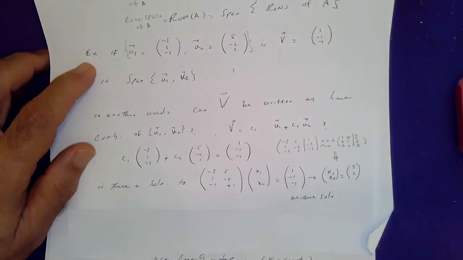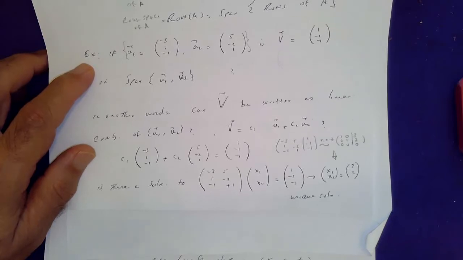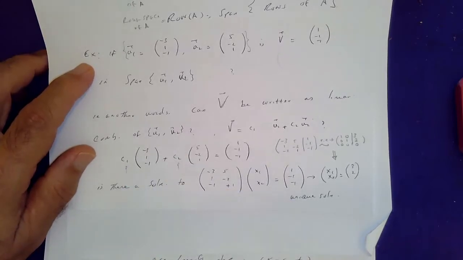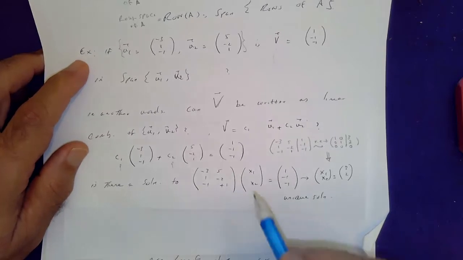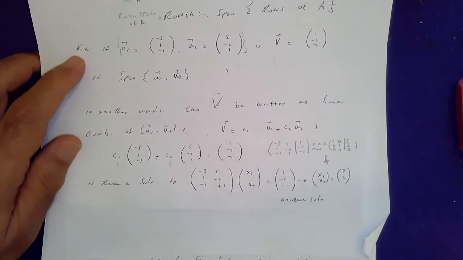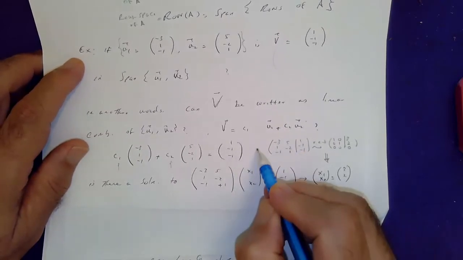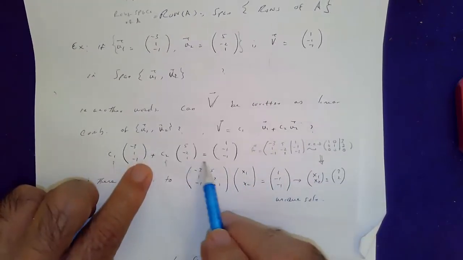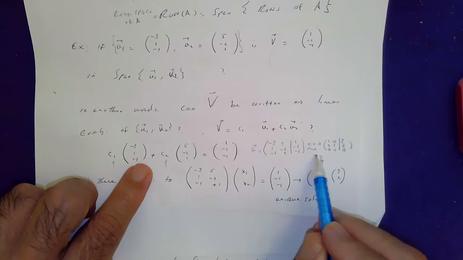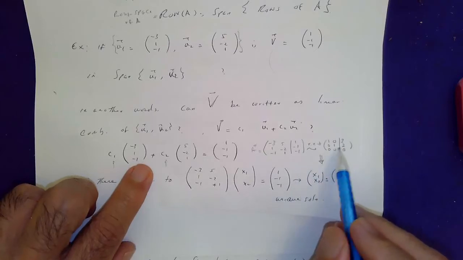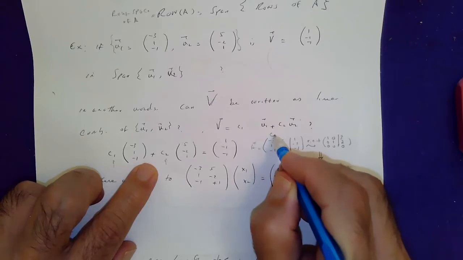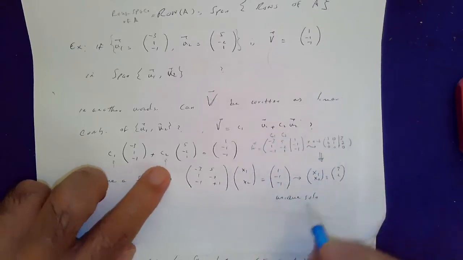Remember, when we say there exist C1, C2, that means we literally have to find C1, C2, correct? So when you form an augmented matrix, form a system of linear equations, put it in row echelon form, you have two unknowns but three equations.